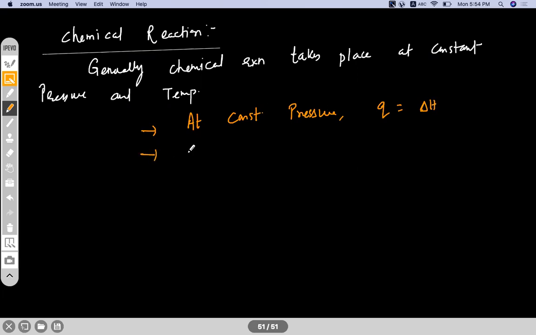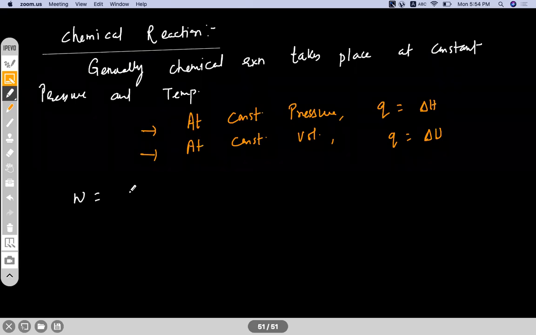And if the constant volume is there, at constant volume, Q is nothing but the change in internal energy, delta U. Okay, and W, if you see work done, is equals to minus integral P dV, from initial volume to final volume, Vi to Vf.